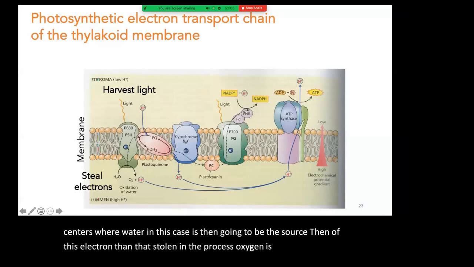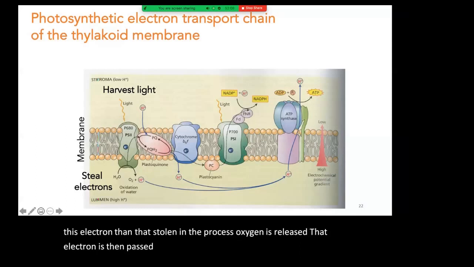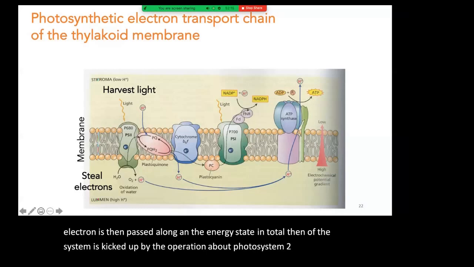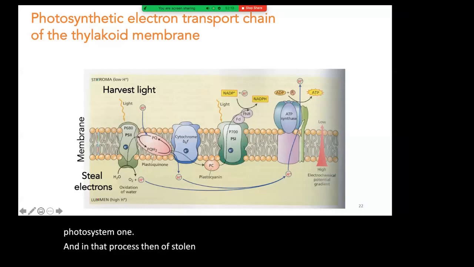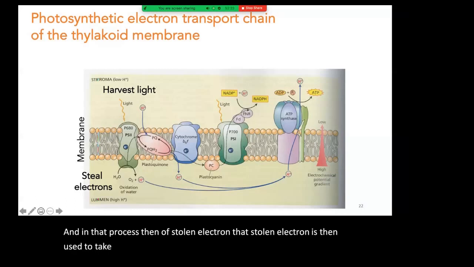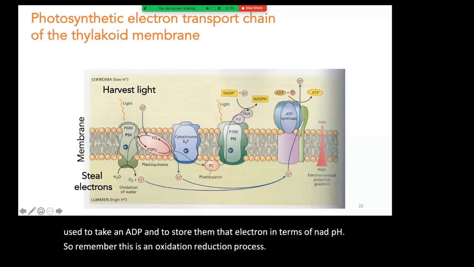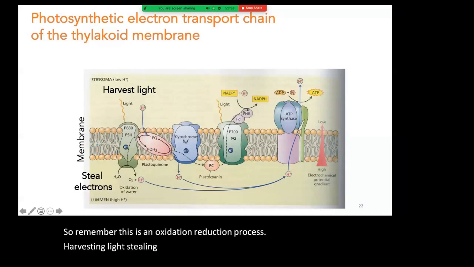That electron is then passed along, and the energy state in total of the system is kicked up by the operation of both photosystem 2 and photosystem 1. And in that process, that stolen electron is then used to take NADP and to store that electron in terms of NADPH. So remember, this is an oxidation reduction process. Harvesting light, stealing electrons, and then we're creating these high energy containing molecules, NADPH.